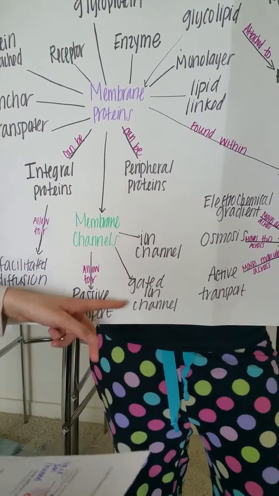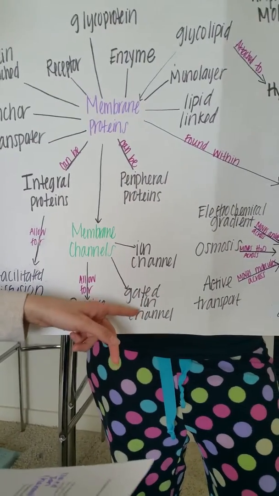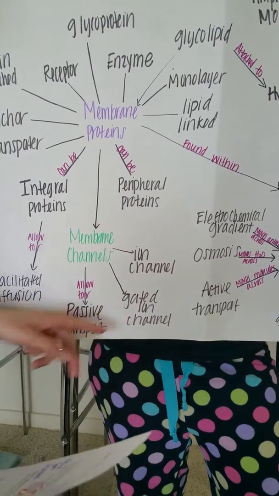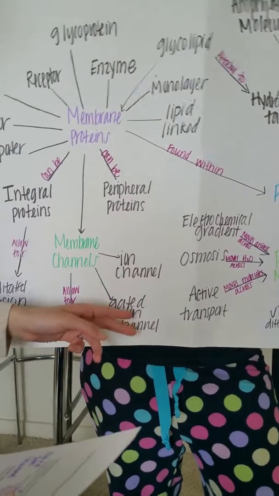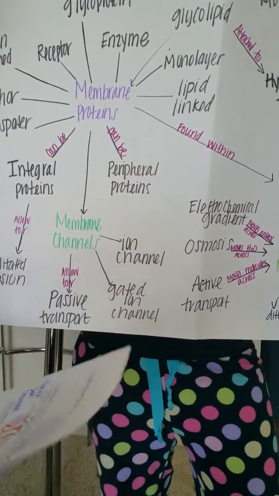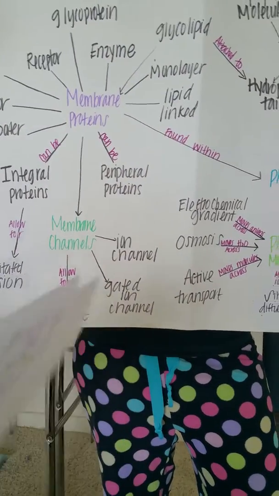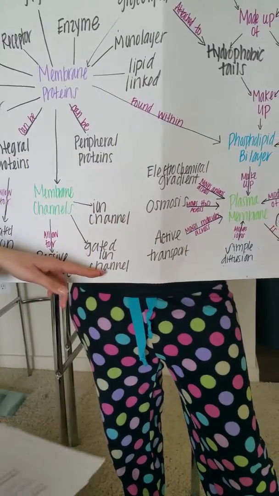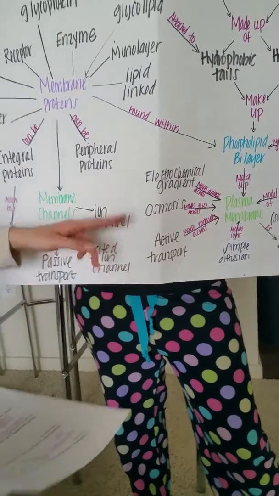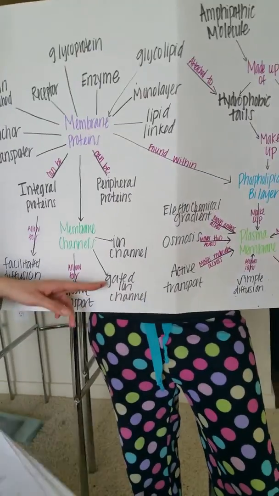And we have your gated ion channels, where the gates of the protein open up when they are stimulated by a certain stimulus, which includes either a chemical stimulus or a mechanical stress stimulus.